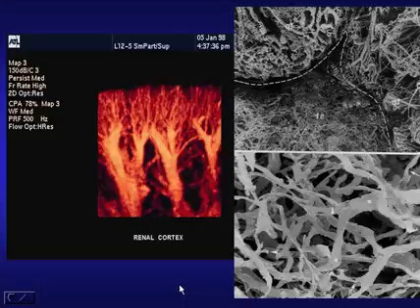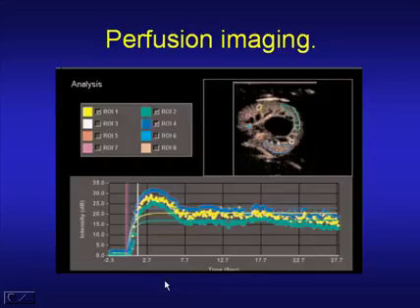So certainly, at least with animal models and with superficial structures, using very high frequency ultrasound imaging, we are now able to visualize a microvasculature.